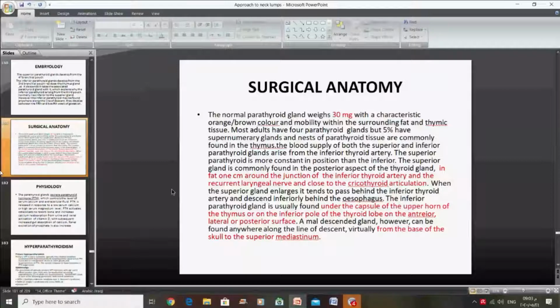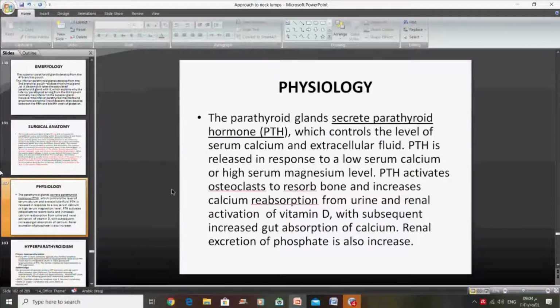As I told you, the inferior is more variable in position. It may be found along a line of the descent from the base of the skull to the superior mediastinum.